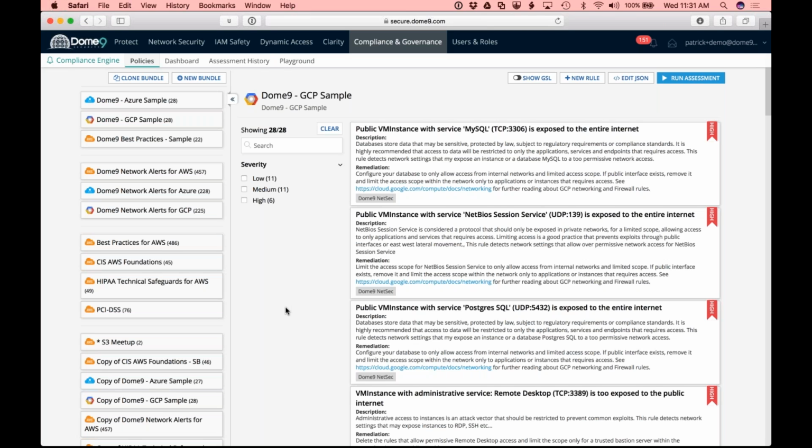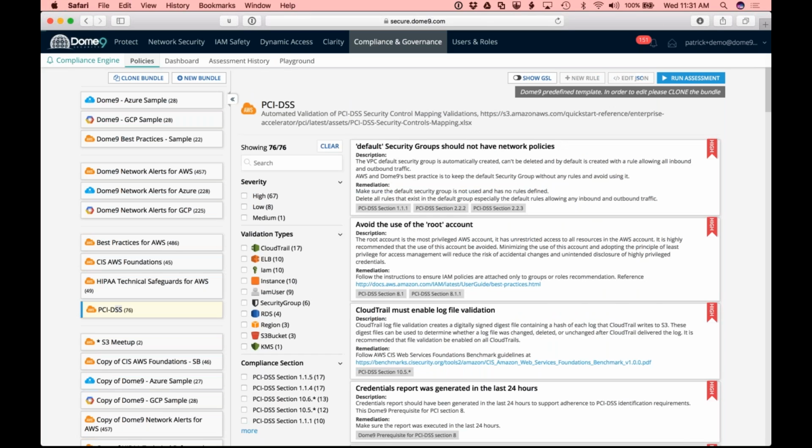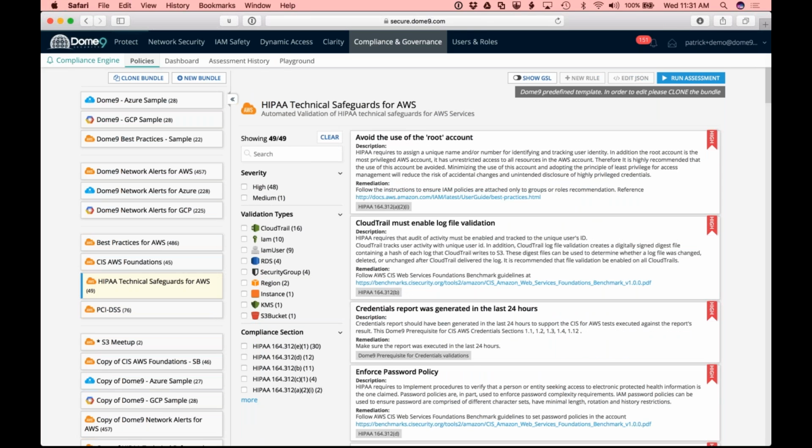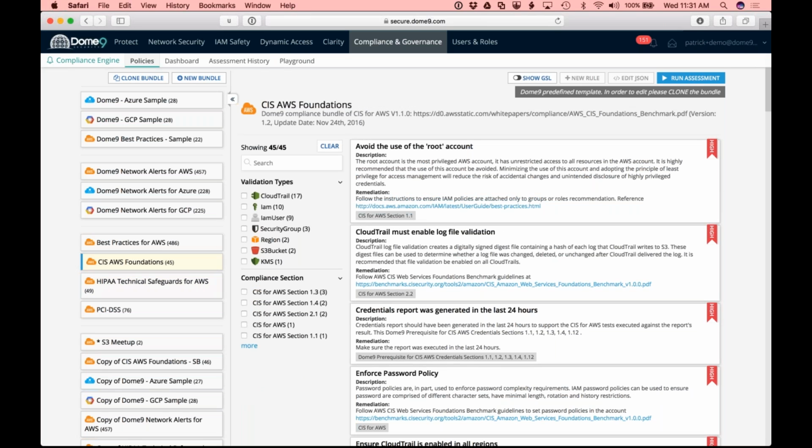So new Dome9 customers have access to all of these what we call bundles of rules that have to do with existing data security standards, PCI, HIPAA HITECH, and the less formal but still very much prudent CIS benchmarks, and then again our best practices from our technology partners as well. Just by virtue of being integrated very deeply at that API level, we have the ability to offer these to our customers within 5 minutes of onboarding.